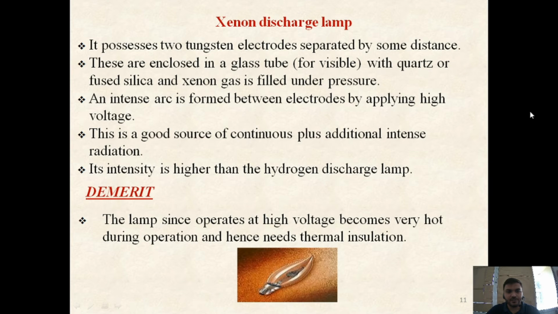This is a good source of continuous plus additional intense radiation. Its intensity is higher than the hydrogen discharge lamp. Demerits: since the lamp operates at high voltage, it becomes very hot during operation and hence needs thermal insulation.